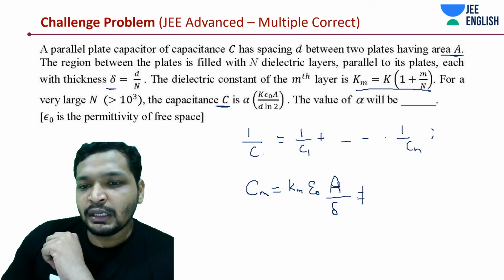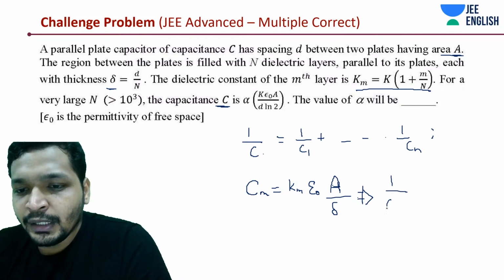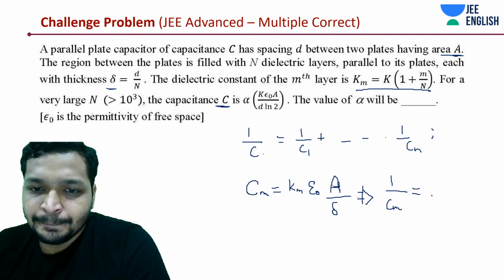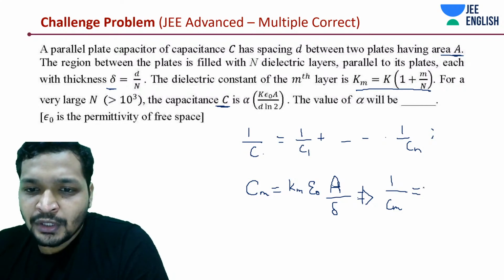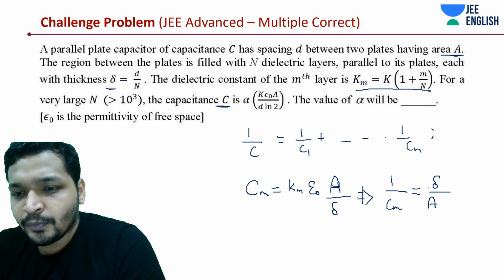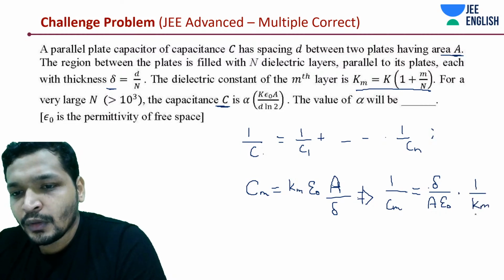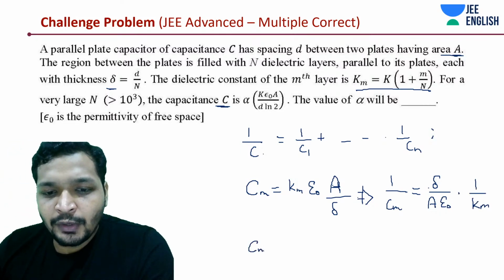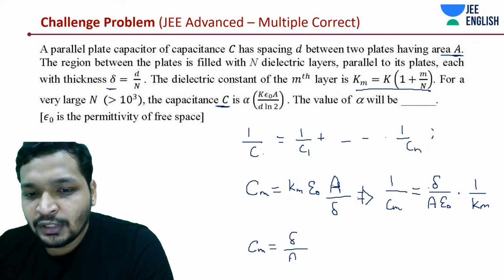So what would be 1 by Cm? 1 by Cm would be delta by A into epsilon naught, into 1 by Km. We need to absolutely write down the value of 1 by Km, else this cannot be done quickly. Any guesses on the answer, students?